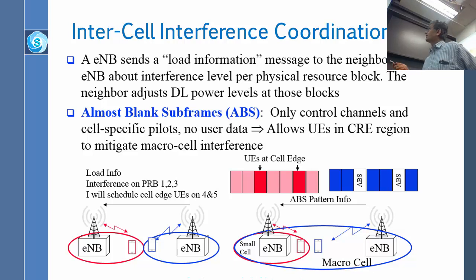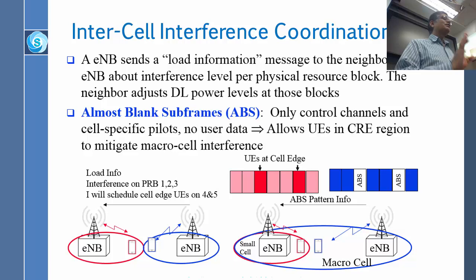So, for example, we could say that I really need to talk to this UE on these two subframes. Okay? And so this guy will not transmit anything in these two subframes. It will transmit what they call an almost blank subframe, ABS.